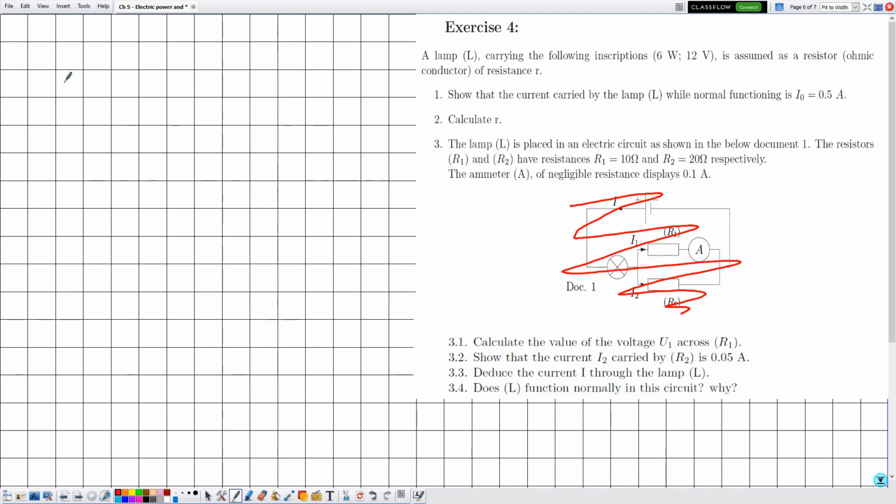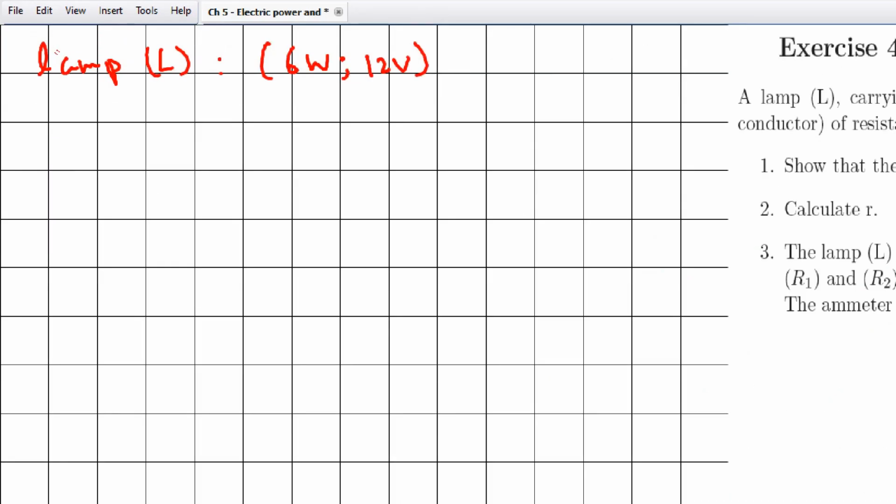So we have a lamp L carrying the following inscriptions: 6 watts and 12 volts. So what does each of them represent? Watts is the unit of power, so this is the electric power. And V, volts, is the unit of voltage, so this is the voltage.